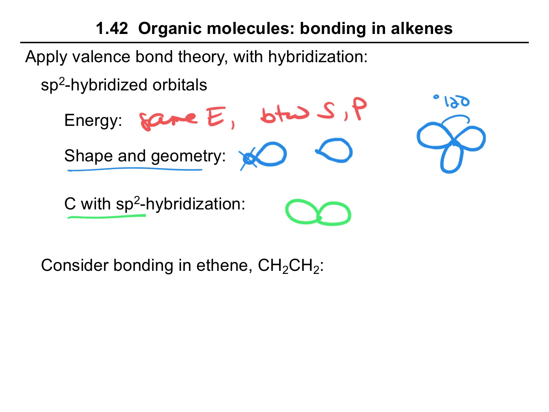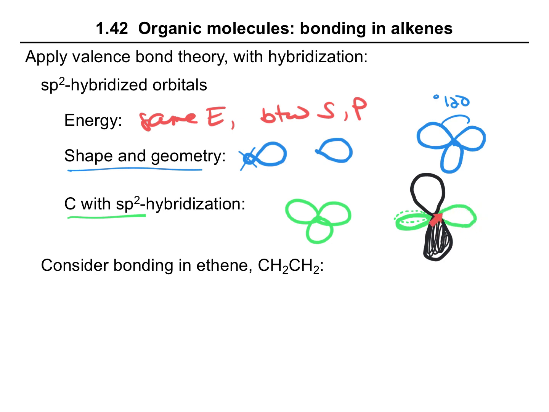So when we're talking about a carbon with sp2 hybridization, we can think of it like this, where our sp2 orbitals are in the plane, but then we also have to remember that there is a p orbital. Rather than having this in the plane of the screen, I'm going to redraw this perpendicular to the screen. So we'll have this one in the plane, and then here is an sp2 orbital back behind the plane, and then this one is in front of the plane, because then that leaves us able to show our unchanged p orbital.